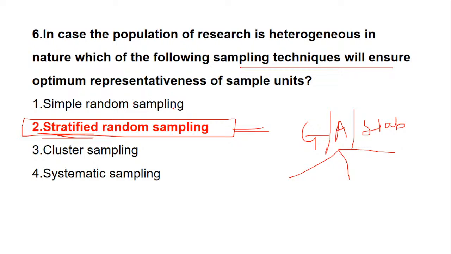So I'll pick up the cluster. Cluster means I'll pick up the group. That group is called a cluster. And in stratified sampling we do not take a group, we take just the strata, that is, characteristics of a group. Based on that we divide the people. Is it clear? I gave you an example for both.